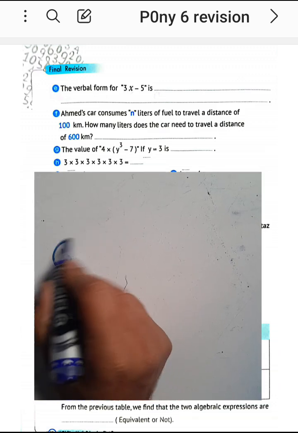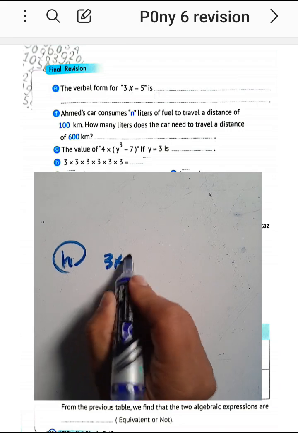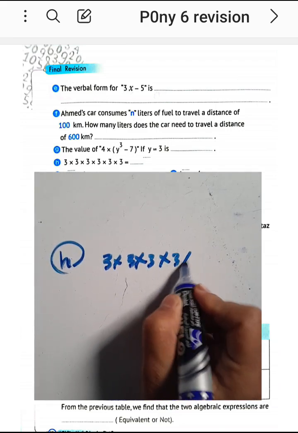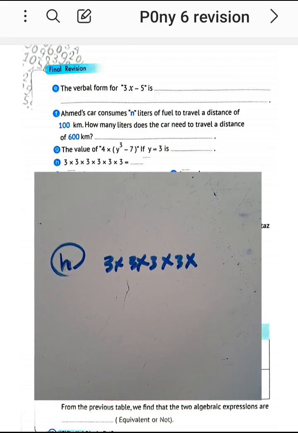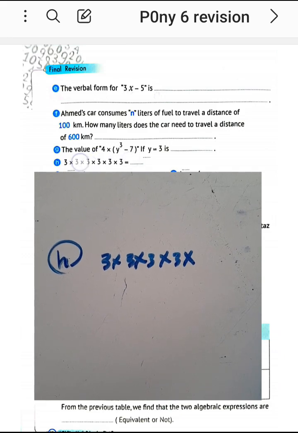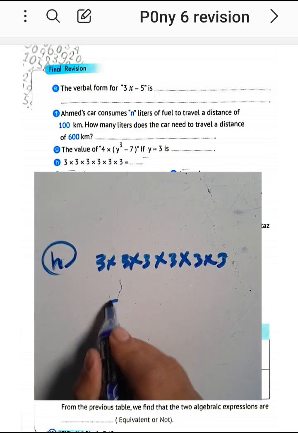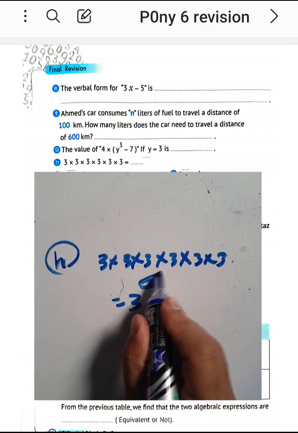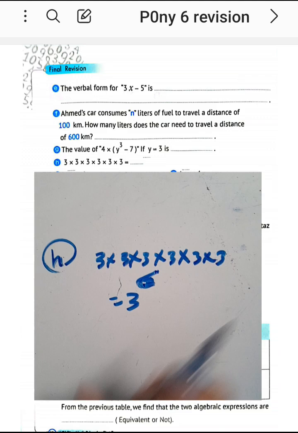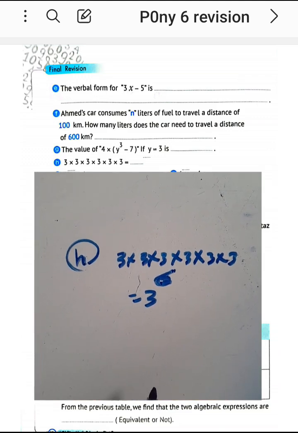Question letter H. 3 times 3 times 3 times 3 times 3 times 3: 1, 2, 3, 4, 5, 6. It will be 3 power 6, because 3 times itself 6 times.